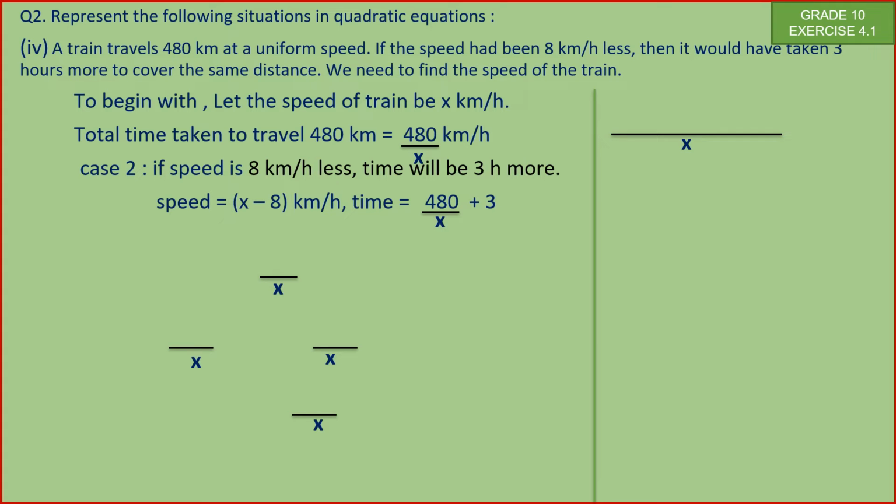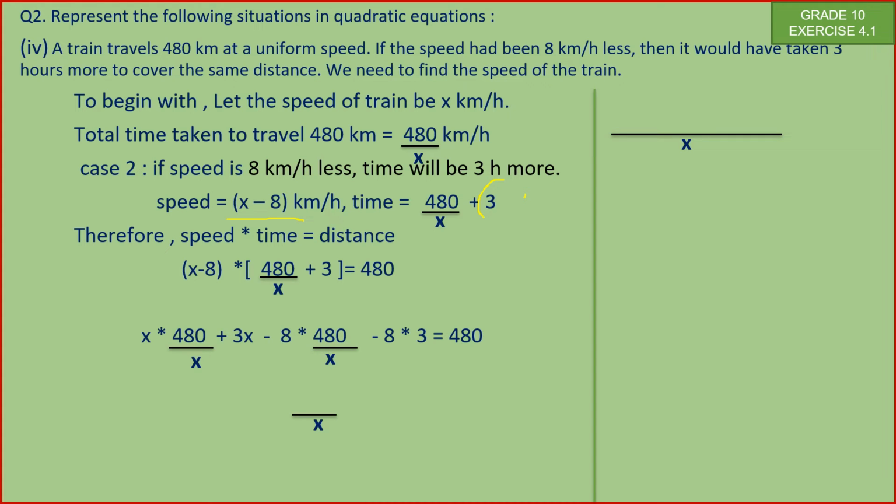So we will substitute x minus 8 as the speed and 480 by x plus 3 as the time. We all know that speed is equal to distance divided by time, so the speed multiplied by the time equals the distance 480.